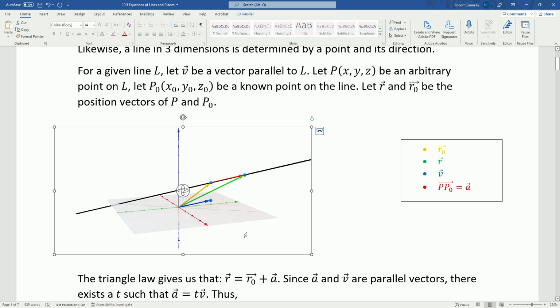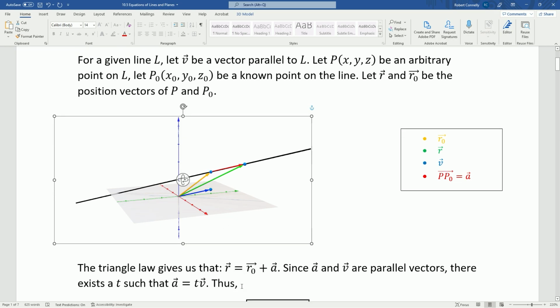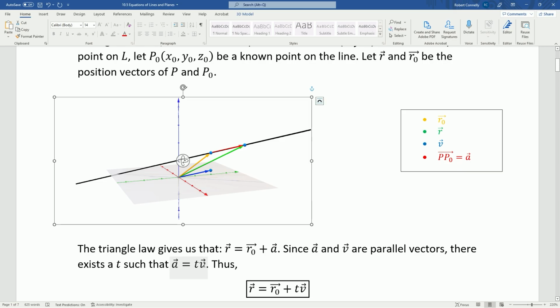So in other words, all we're saying is the resultant vector r in green here that takes you to a point on the line, you can always get that vector by adding r naught, the yellow vector, and some t times v, t times the vector v. So you take r naught, and then you go t times v, and it takes you to whatever point on the line you're trying to get to.